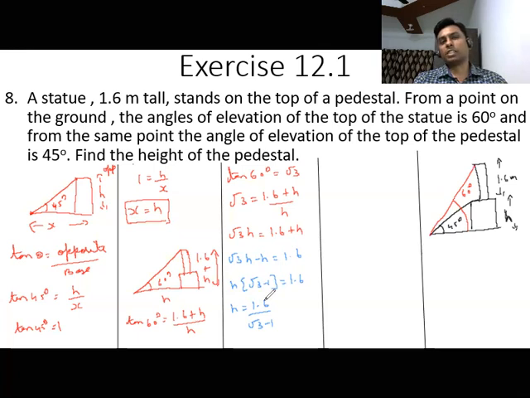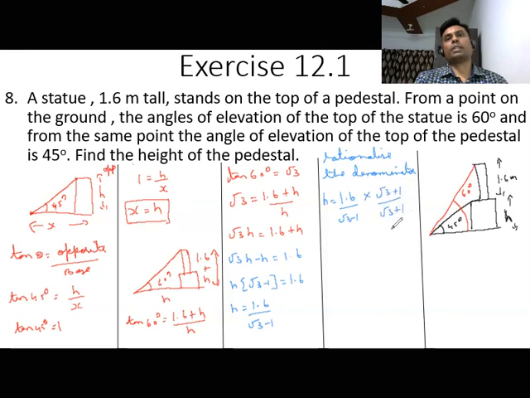Now I can simplify this because the denominator has root 3, I can rationalize it. How to rationalize? Multiply with the conjugate. So h is equal to 1.6 by root 3 minus 1 into root 3 plus 1 divided by root 3 plus 1.